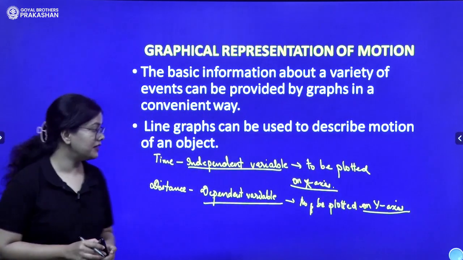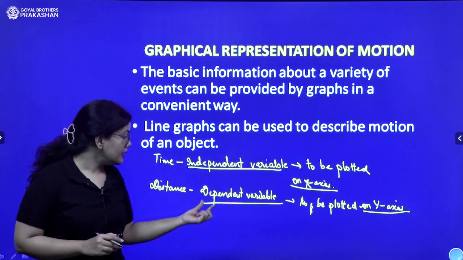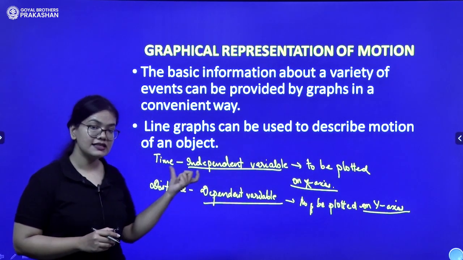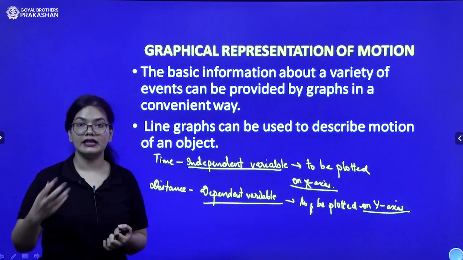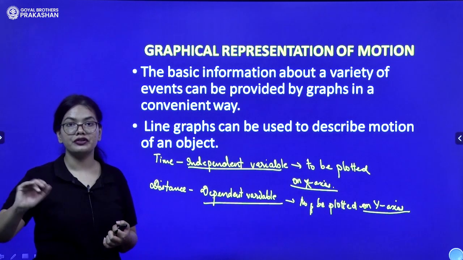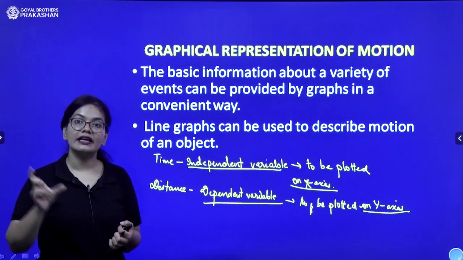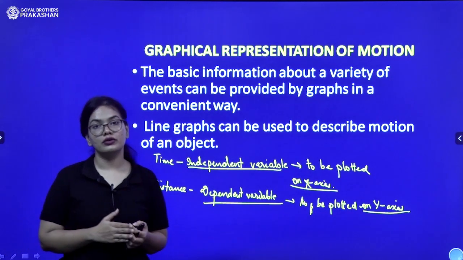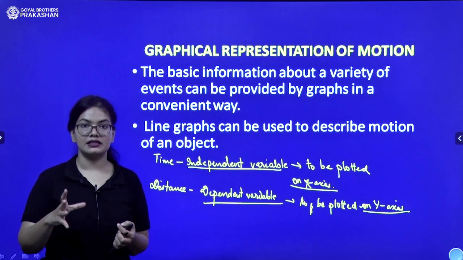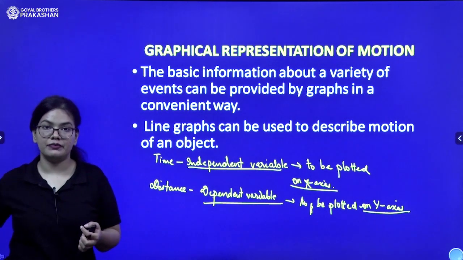Now, the dependent variable is to be plotted on the y-axis. What is the meaning of a dependent variable? The distance that you cover, suppose you are taking the case of a car moving on a road, will increase with time. Suppose you are taking the reading at 10 minutes, then at 20 minutes, then at 25 minutes.